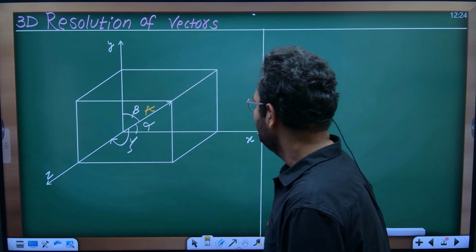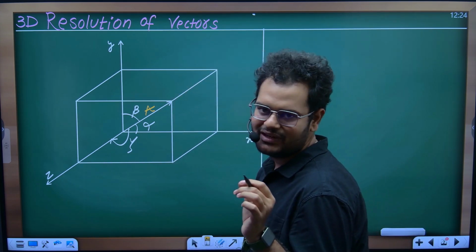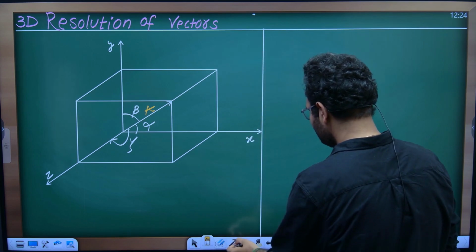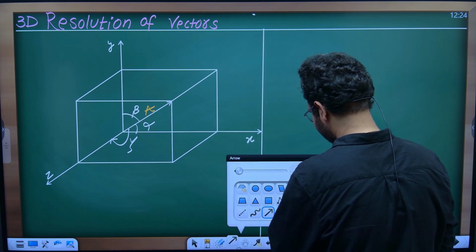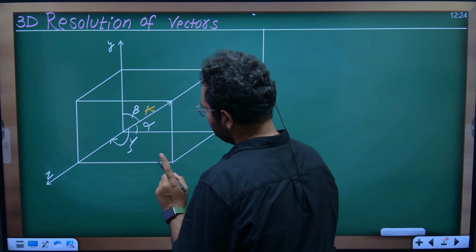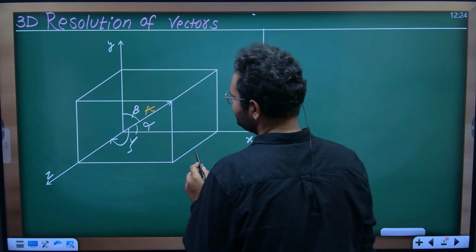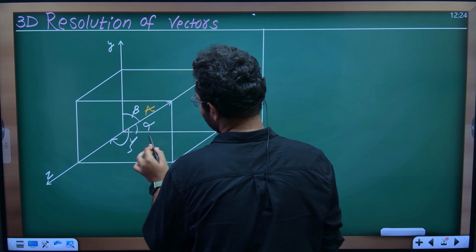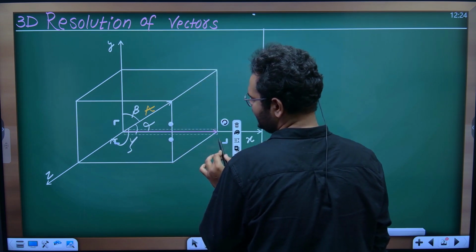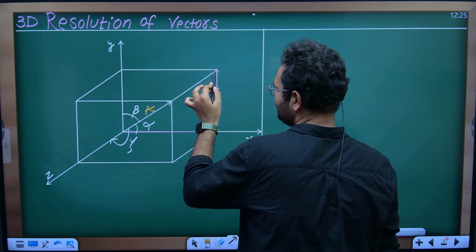Now, there are three components of this vector: one is x, one is y, and one is z. I need you to visualize this. First I will use the triangle law of vector addition. This is the x component, correct? Then I will go here. This is y, and where is the z component?